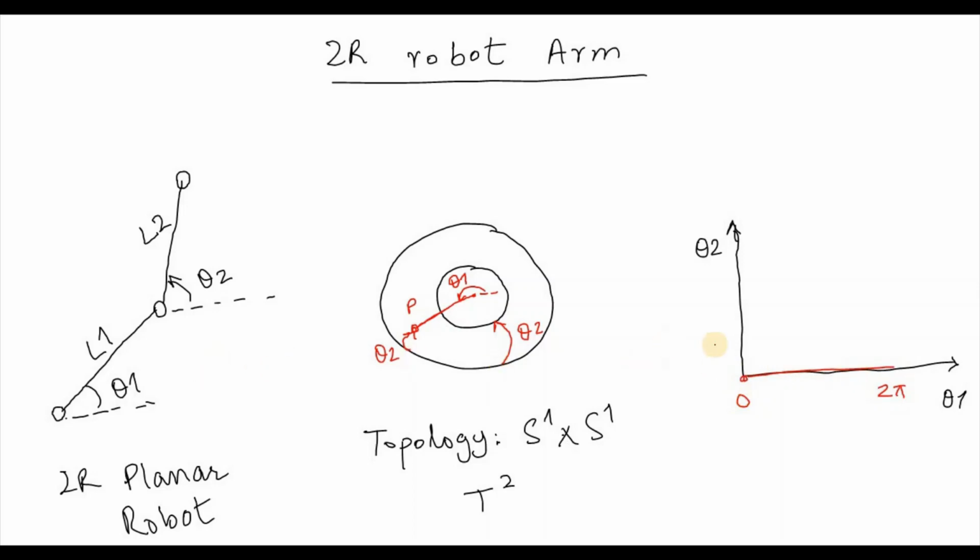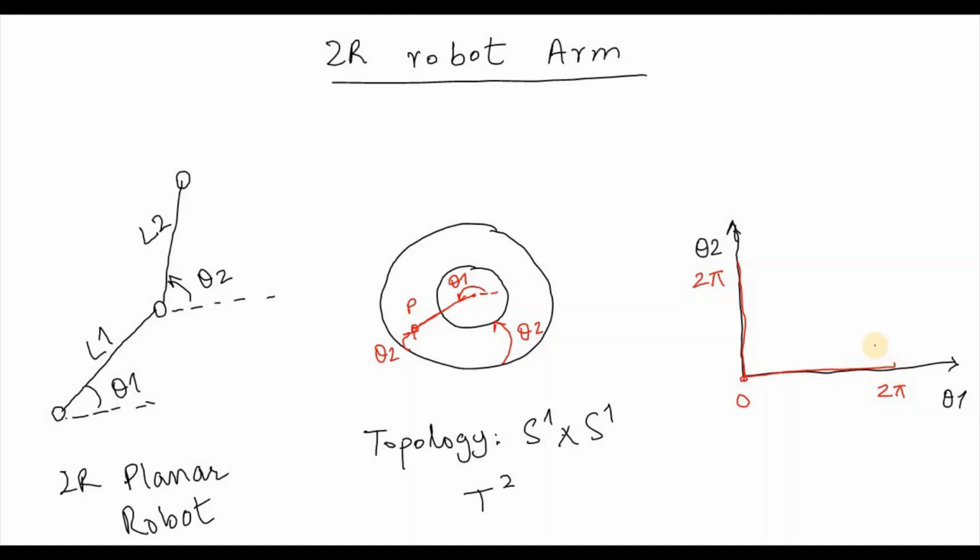So the first link L1 can move from 0 to 2 pi, and similarly theta 2 can also go from 0 to 2 pi, or 360 degrees. So both angles can vary between 0 and 2 pi.